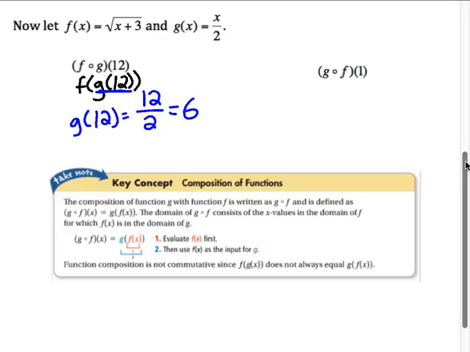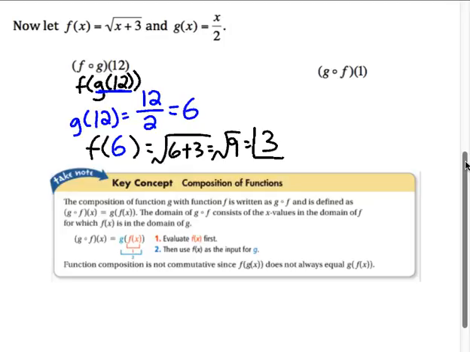Okay? So now that I have that, now I plug that into the f function. All right, so I replace g of 12, I replace it with the number 6, and now I calculate this. So square root of 9, I just end up with the number 3.